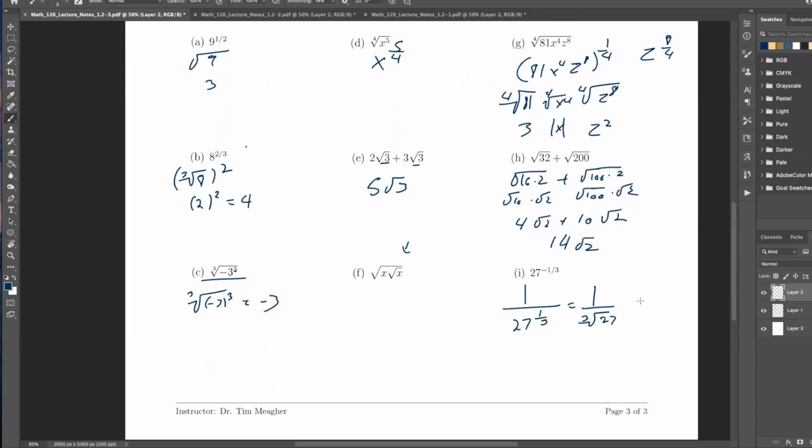And the cubic root of 27, of course, is 3. So this will be 1 over 3. Okay. So when you see something kind of complicated, take it a step at a time. Deal with the negative, drop it below. Deal with the fraction, make it a cubic root. Then compute the cubic root and get the answer. So take these a step at a time, even though it doesn't look like there are multiple steps here. There are.